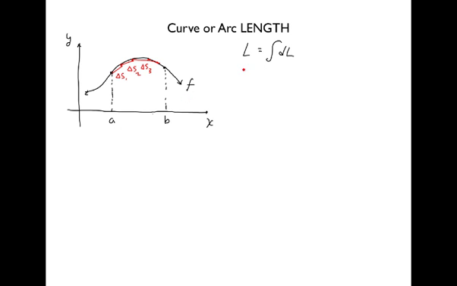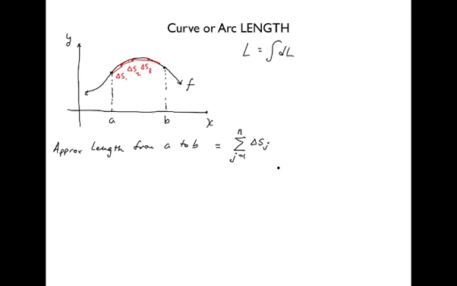So we're going to start with an approximation, right? The approximate curve length from A to B is going to be the sum, say as J. So say we end up with n of these segments. We're going to let J go from 1 to n, and we're going to add up all of them.